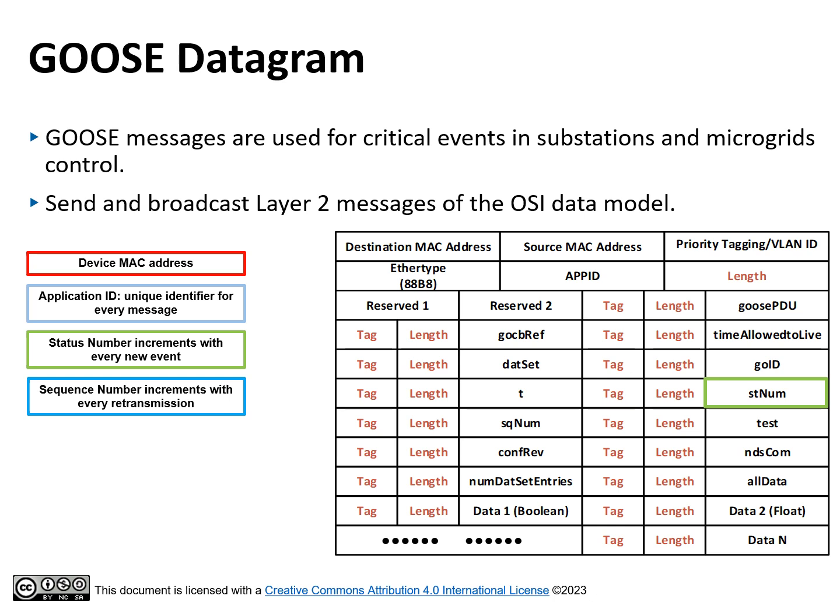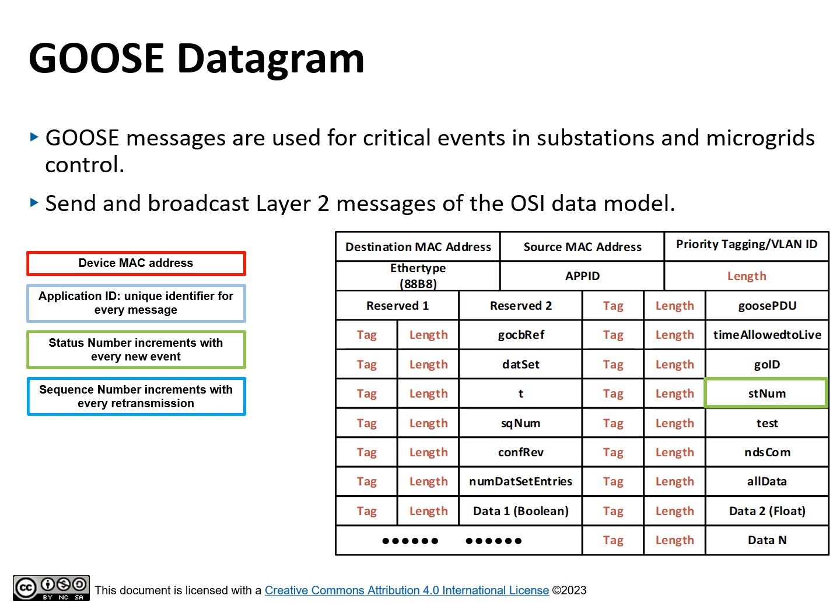The Goose PDU field is composed of 12 subfields as follows. GOCB REF, Goose control block reference. Time allowed to live, the time a receiver waits before receiving a retransmitted message. DAT set, name of the data set.